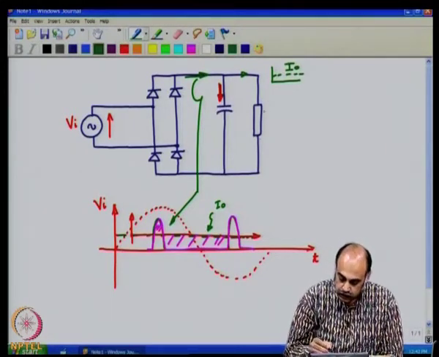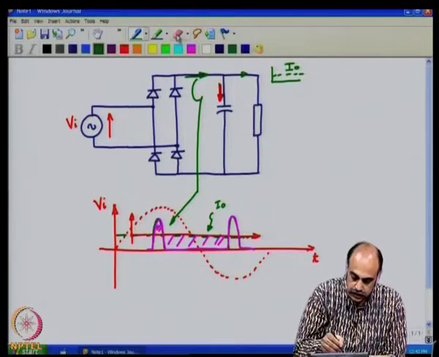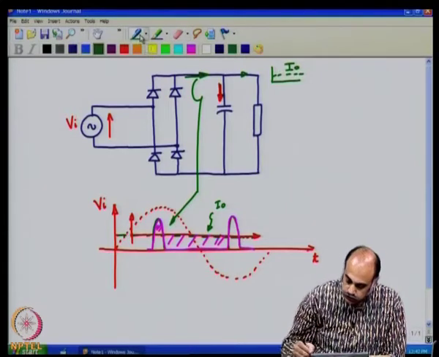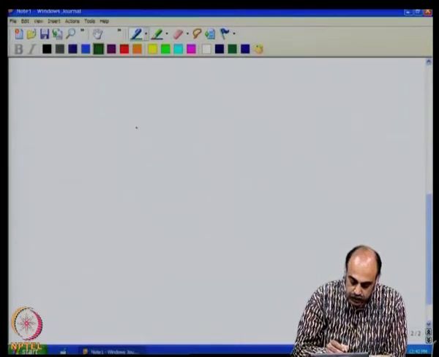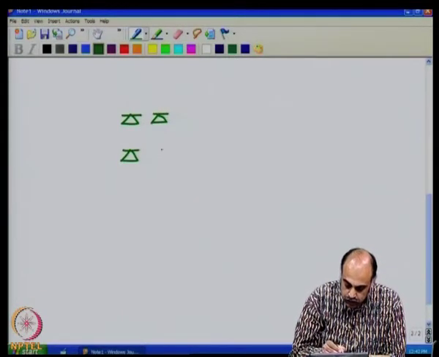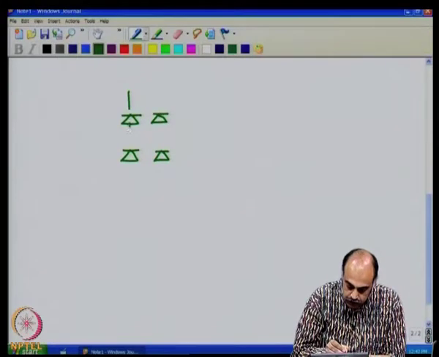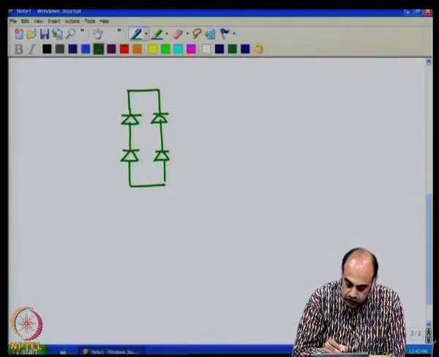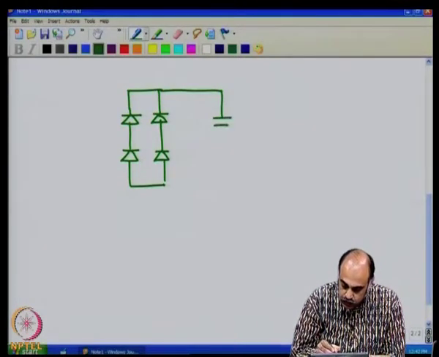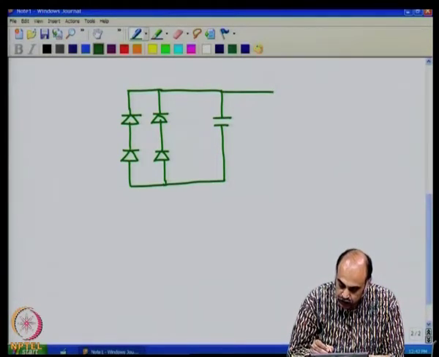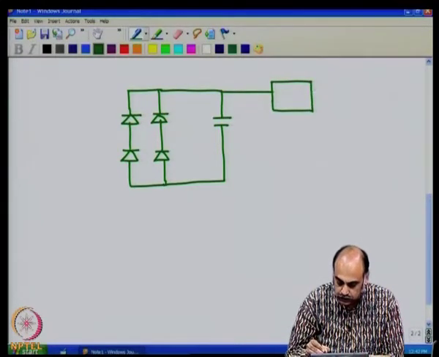Now, for a circuit which is like that, we shall show the problem that would come in the PCB or the printed wiring board. We have the bridge rectifier as shown here, and one of the normal applications of this bridge rectifier is to connect it to a regulator. Let us say I connect it to a regulator like this.